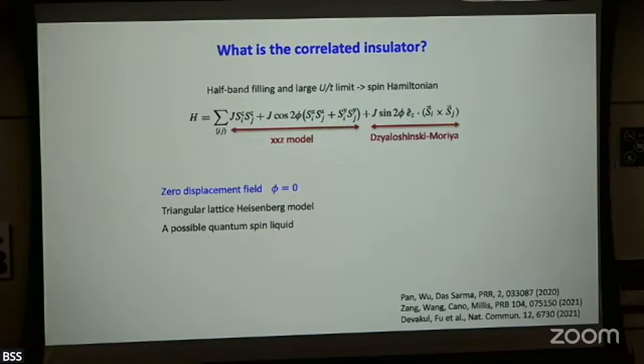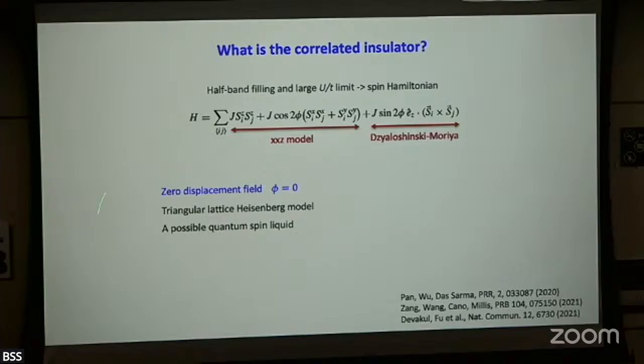You have this phi, which is the measure of the displacement field here. So there are two terms, an XXZ model and also a Dzyaloshinskii-Moriya interaction here. When there is no displacement field, you just go back to the triangular lattice Heisenberg model.